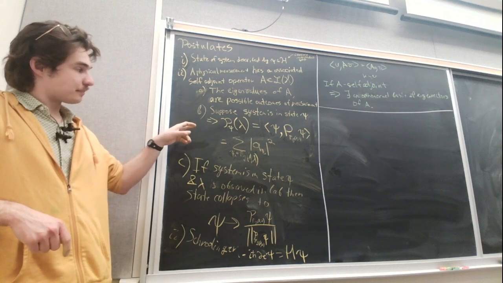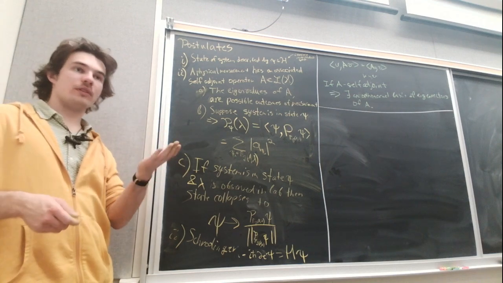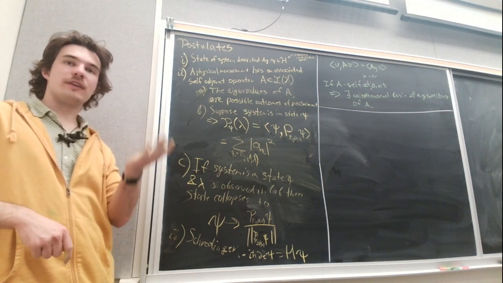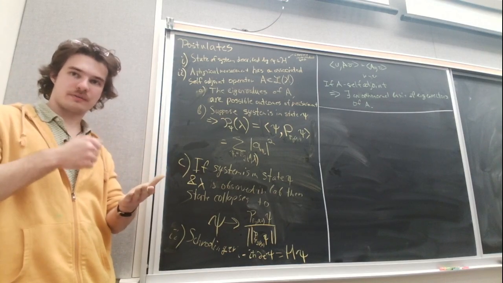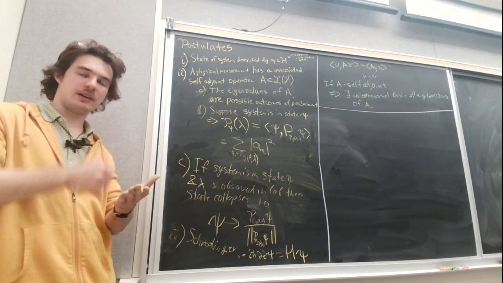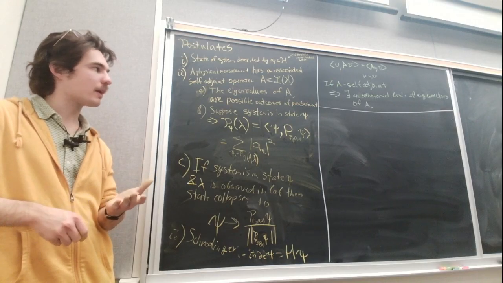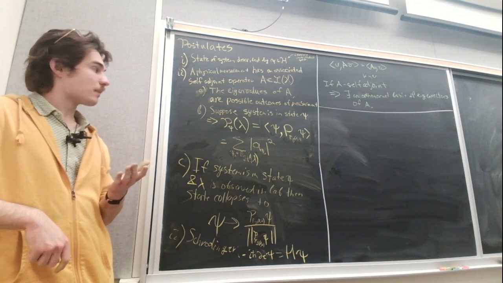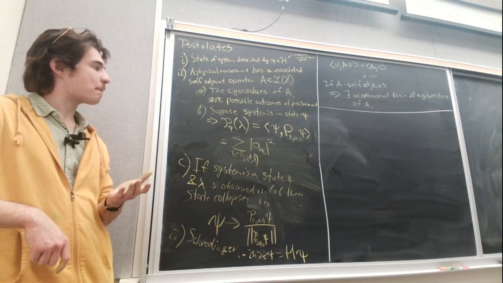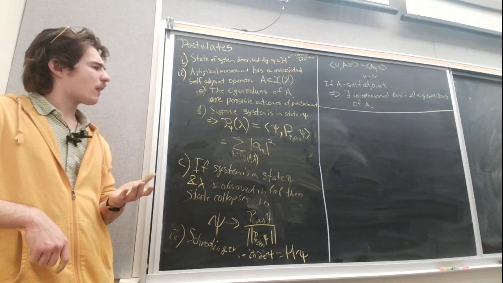But the point is, if you know the state of a system, then you can figure out what the probabilities of what could be measured are. Okay, you can figure out what the probabilities are of what you can measure. And that is very good. And this is important.